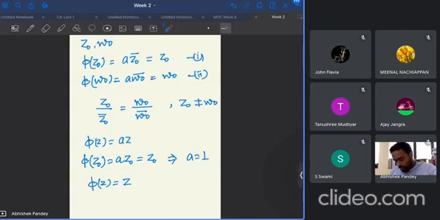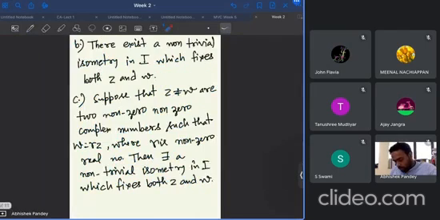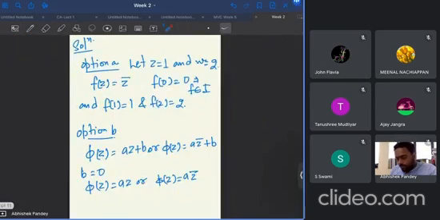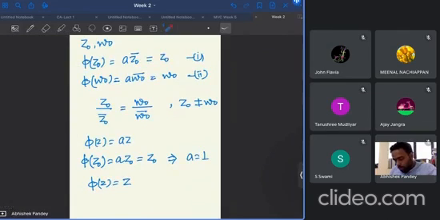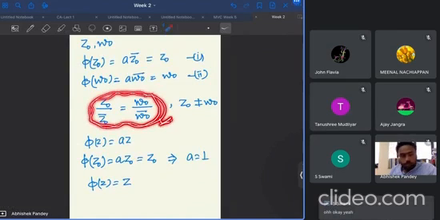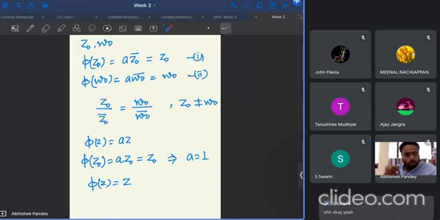It means that if we want to say that option B is not true, we have to find Z naught comma W naught such that this equality will not hold.